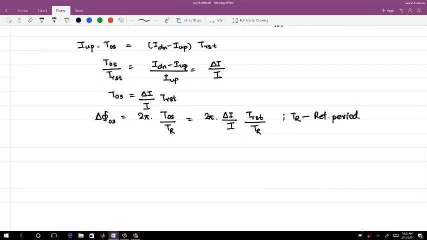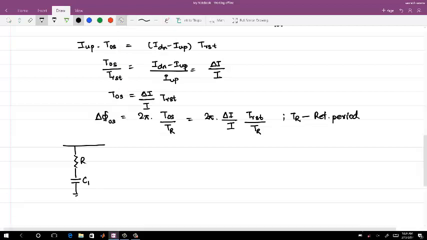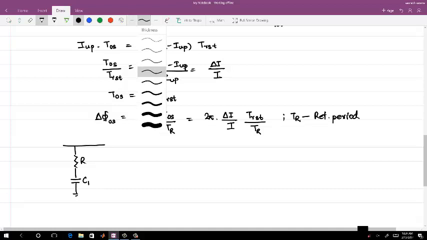So now this current is pumped into the loop filter.